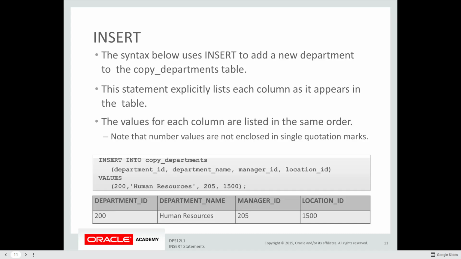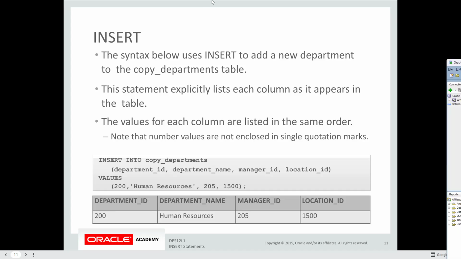Parentheses, and then it's the values clause, and then you place your values. All right, 200, separated by commas, Human Resources, manager ID 205, location ID 1500, and the semicolon.